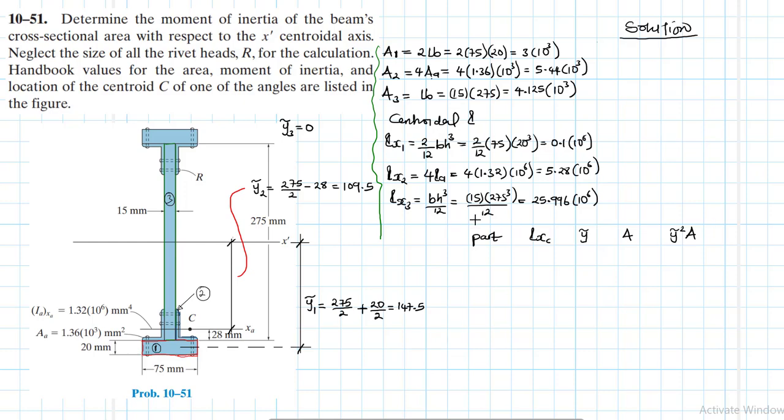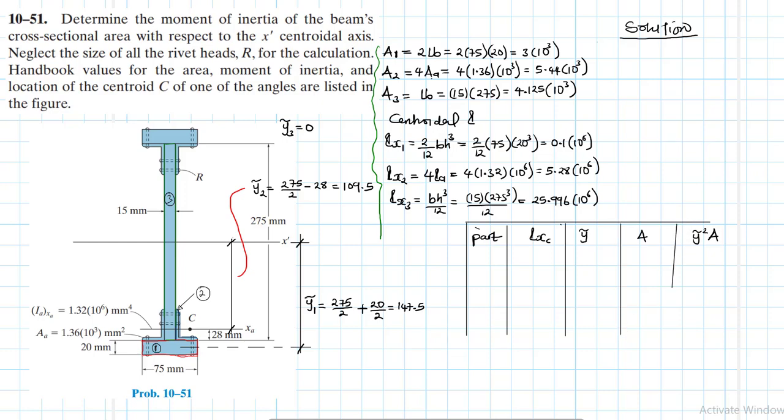This is not good enough. Great. This looks cool. So something like that, part. There we go. Moment of inertia, area, move area there, move this one there, something like that.